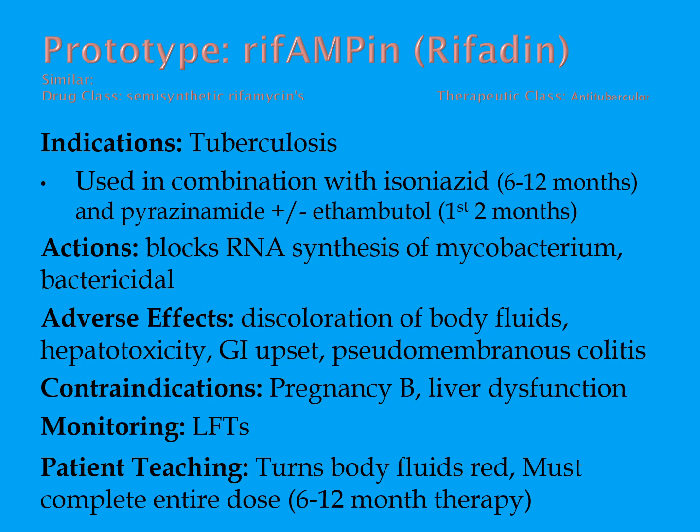The change in color is not toxic though. It's not harmful to the patient. And again, completing the entire course of rifampin. So rifampin could be added, for example, to isoniazid or other anti-tuberculosis medications as a combination therapy for active tuberculosis.